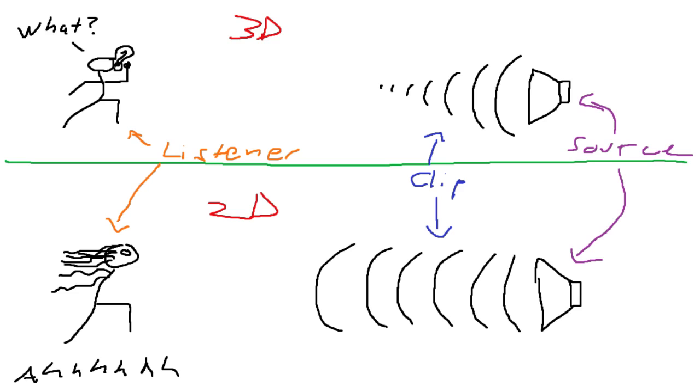We also have this concept of 3D audio versus 2D audio. We're going to look at the two different dimensionalities of audio today. 3D audio relates to distance. If I walk very, very far away from something emitting sound, it gets quieter and quieter until eventually I cannot hear it.